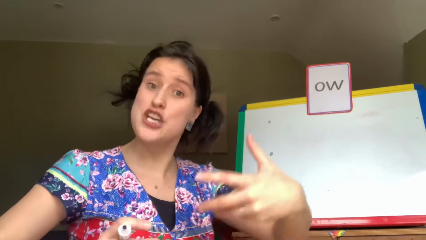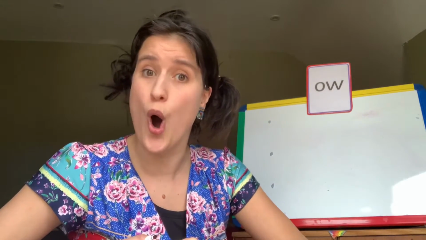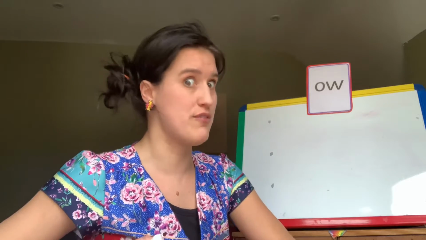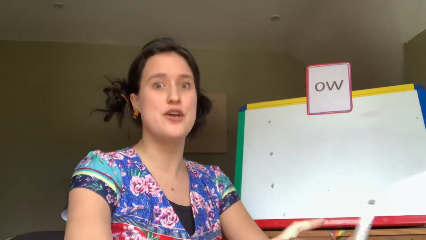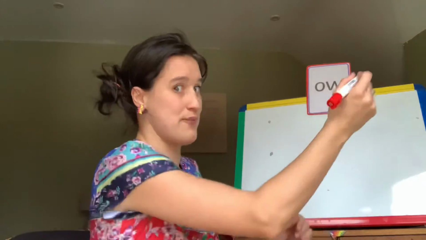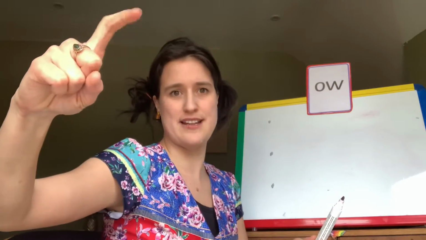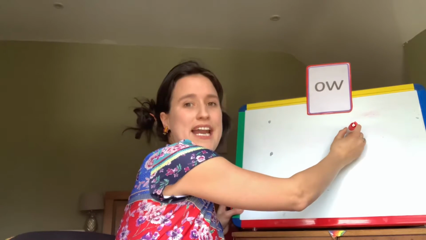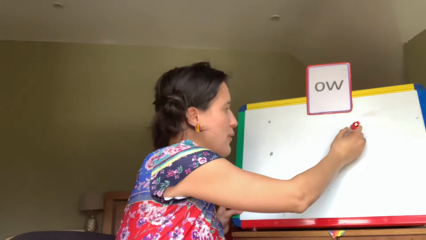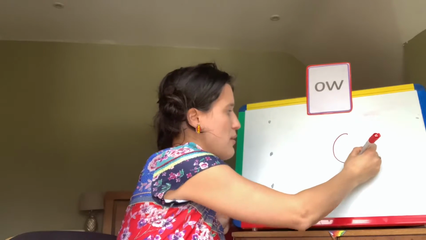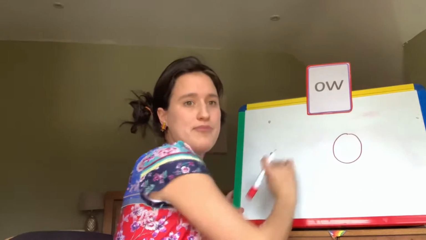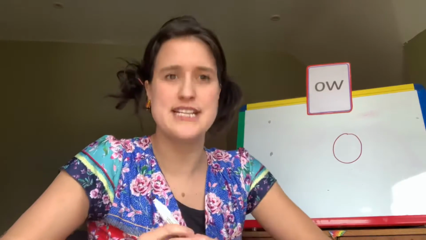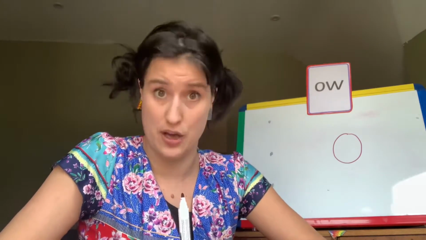Her name is O, but she says O. So we're going to write the letter O first. Now, I'm looking for people who've got writing fingers who can write the sound with me. So you show me. You've got a finger like this. Excellent. We start here. Well done. We go around to the top and stop. Easy. That is a very easy letter to write, and the letter is called O.